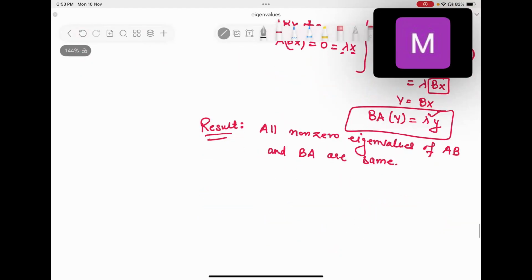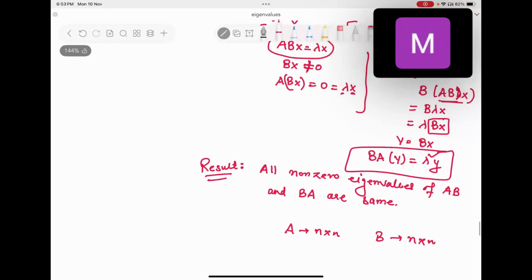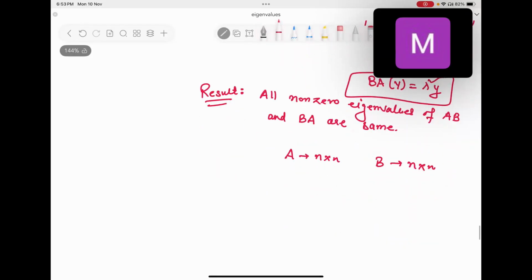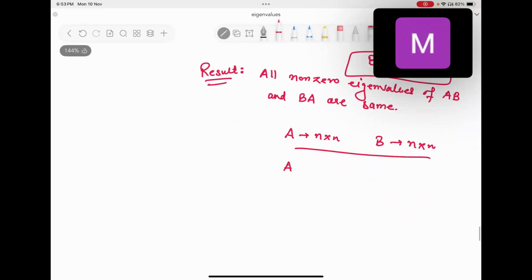Now suppose you take A as an n cross n matrix and B as an n cross n matrix, right? In this particular case, AB and BA both have exactly the same eigenvalues.